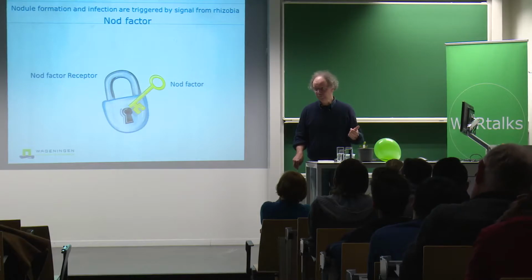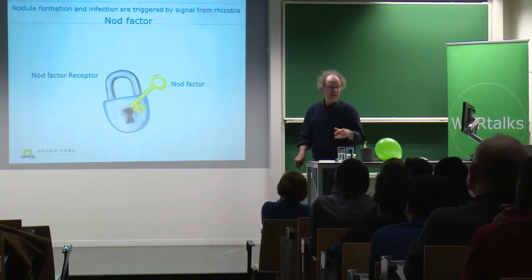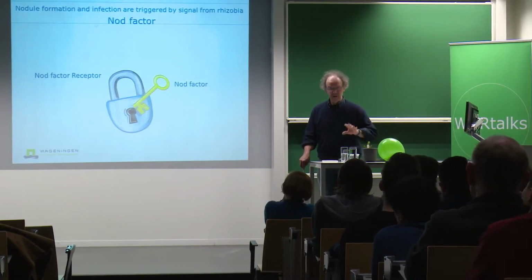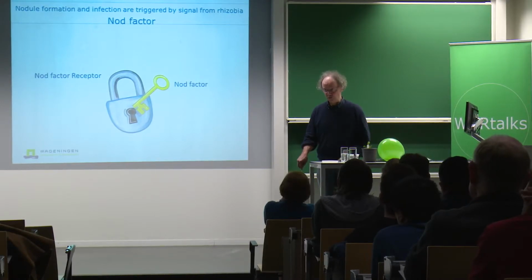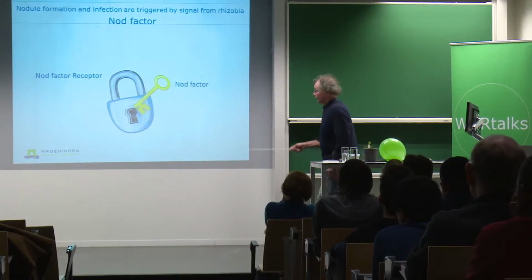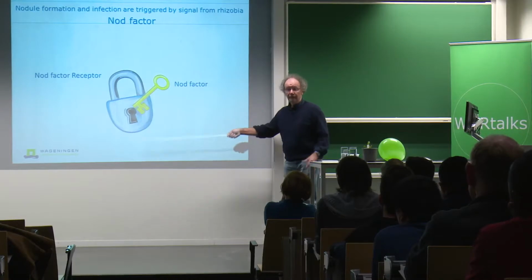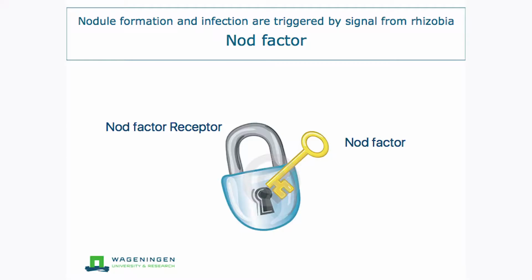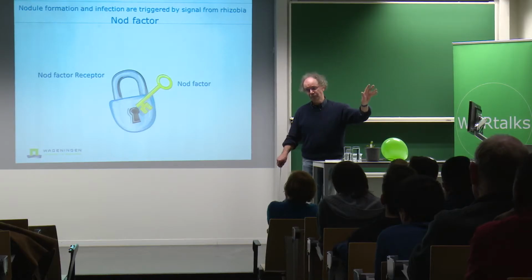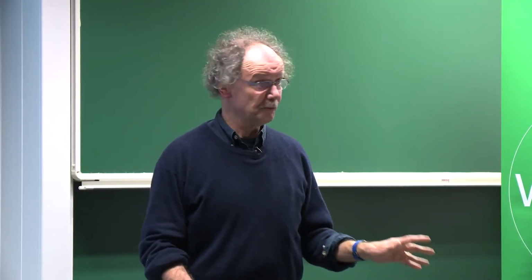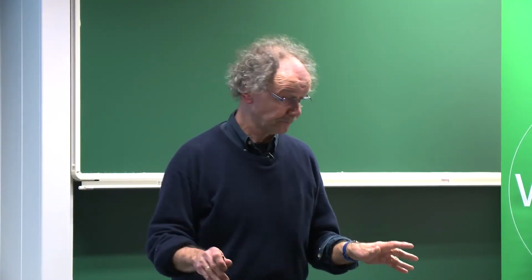The signal is named nod factor, nodulation factor, inducing the formation of nodules. The receptor, that's a protein from the plant, has to recognize this is the right key. I allow this bacterium to go in. That's what the system has to be, and that's what it is.